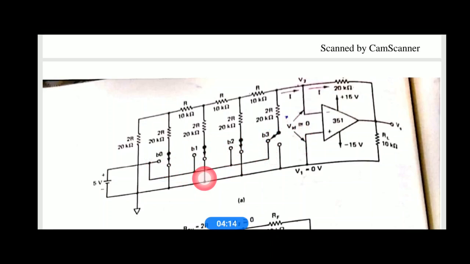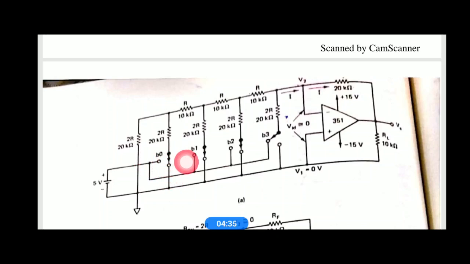So see, this is actually a 4-bit DAC. So 4 digital bits we are giving here through switches B0, B1, B2 and B3. B3 is the MSB input, whereas B0 is the LSB input.